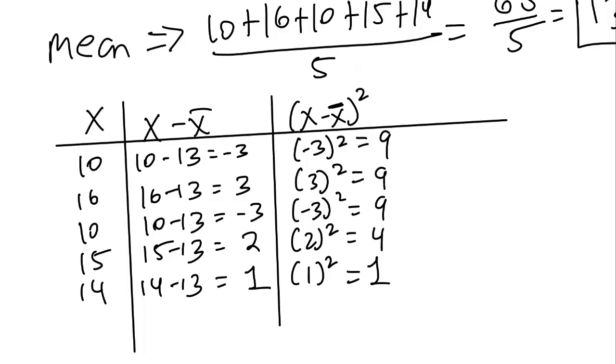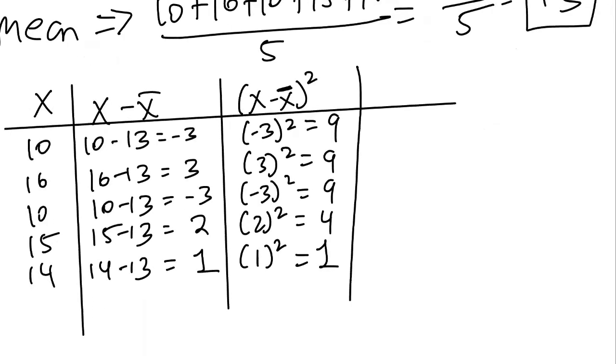Your next step after you square it is to find the sum, adding them all together. So the sum of your squared values, always squared. This is called the sigma.